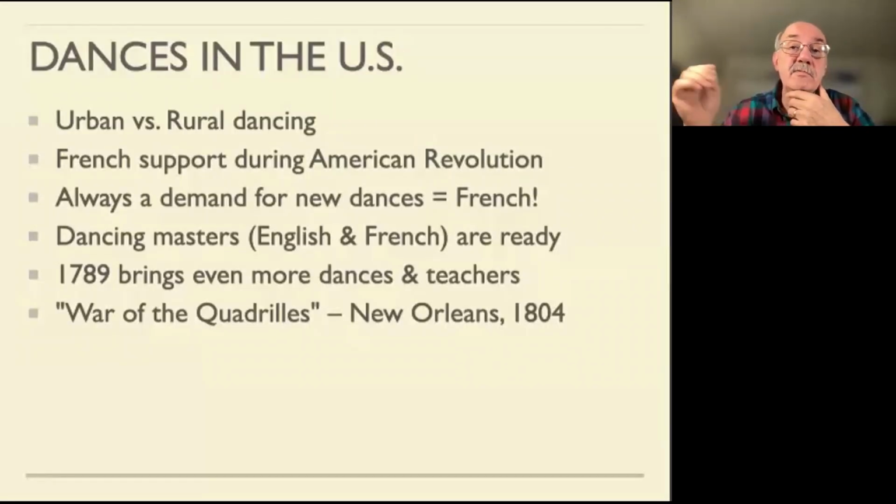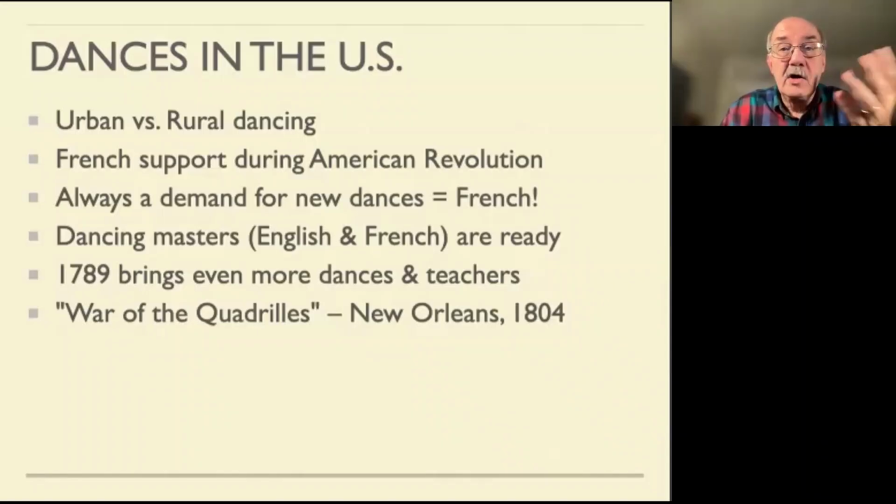Police called to the ballrooms, fiddles smashed, people arrested, until finally the New Orleans City Council enacted a decision that henceforth there would be two contredanses françaises, dances in squares, followed by one contredanse anglaise, and peace returned to the ballroom.